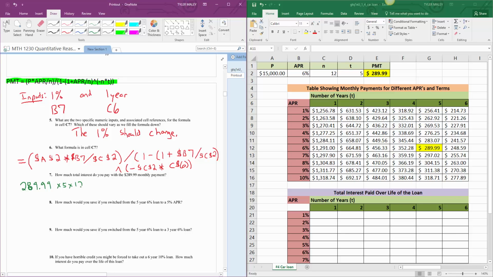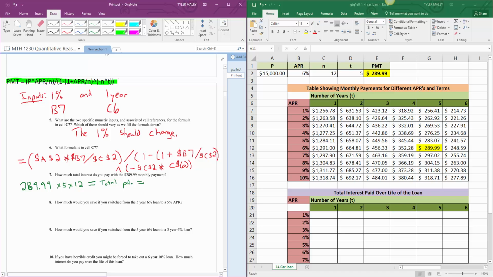This would be how many times you'd pay it total: 12 times a year, 5 years. So I'd have 60 payments of this $289.99. If I multiply these together, this is going to give me the total amount paid, the total amount that I paid the bank.